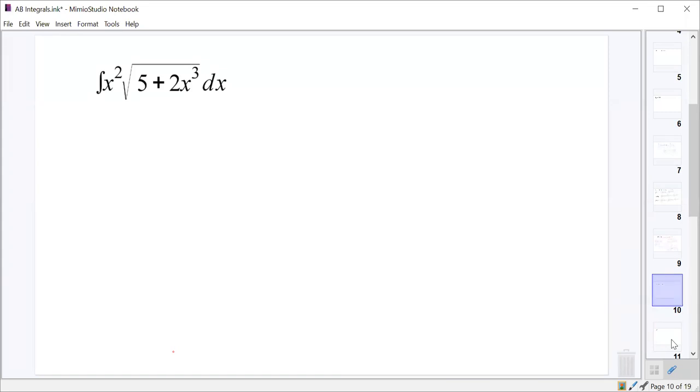Yeah. So let's let u equal 5 plus 2x cubed. And so that gives us the integral of x squared root u dx. So two problems. One, x squared is still there, and dx needs to be a du.